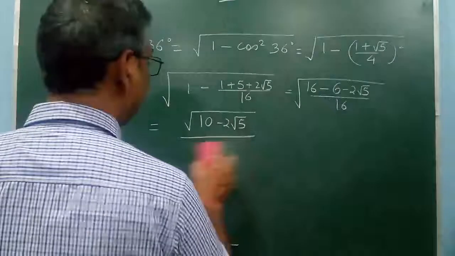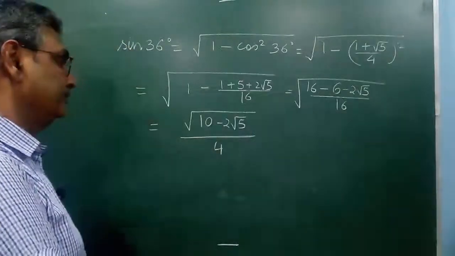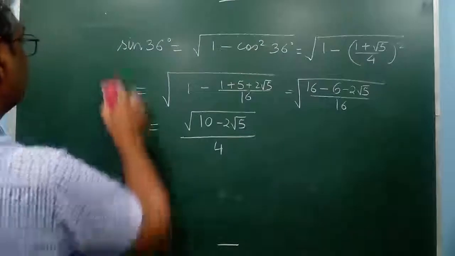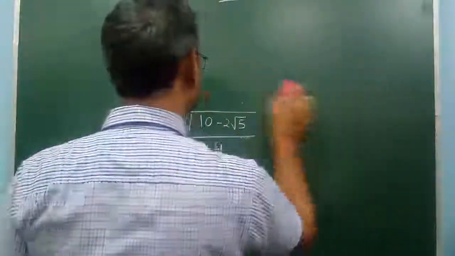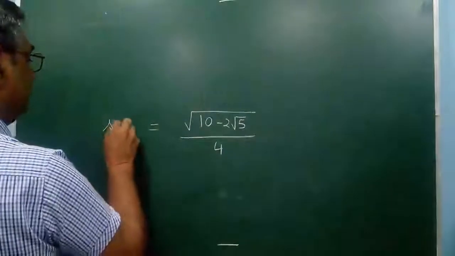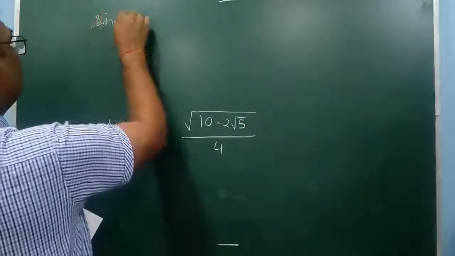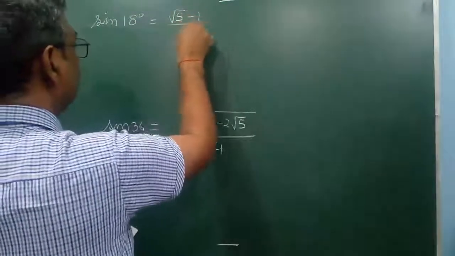Sorry, here it will be 4 because we are taking the square root, so it is 4. This is sin 36. Now we have the value of sin 18. What was the value of sin 18? This is (root 5 minus 1) by 4.